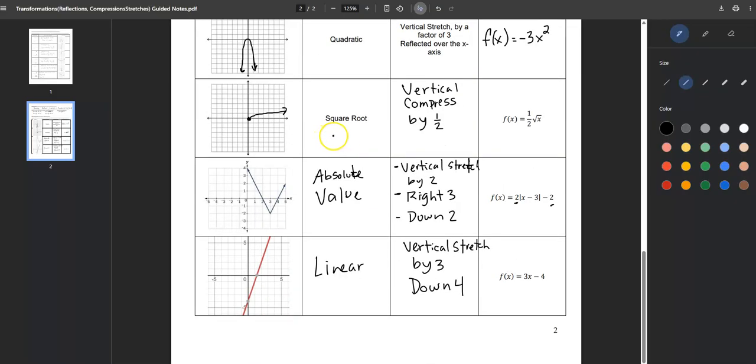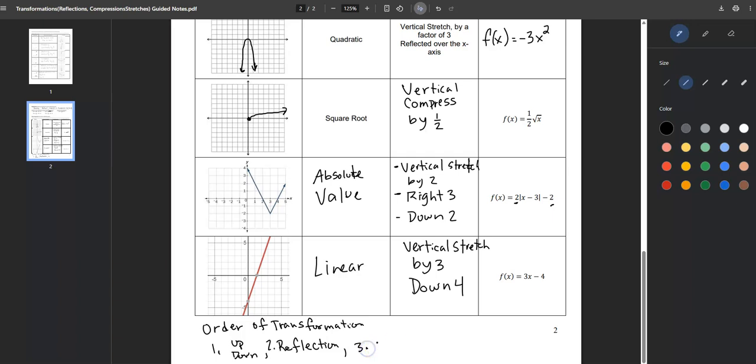Remember, please remember, as the order of our transformations, this might be a good thing to keep in mind, is we're going to move anything up or down. So I'm going to put up, down, that's first. Then we're going to do any reflections second. So this is 1, this is 2.